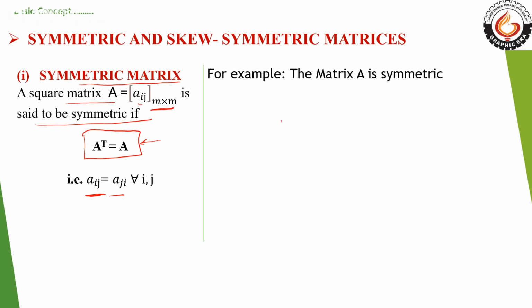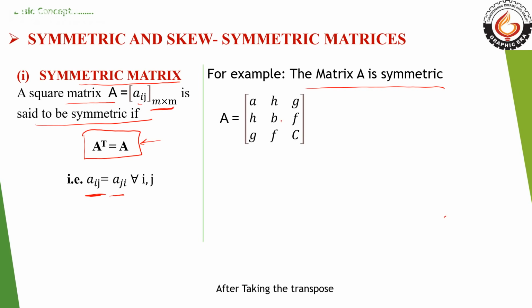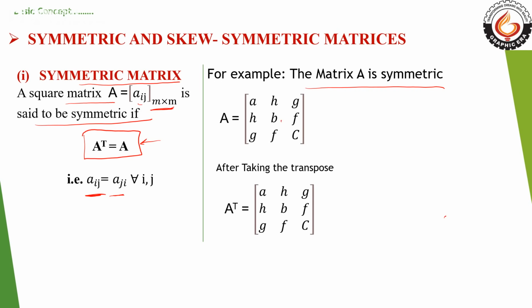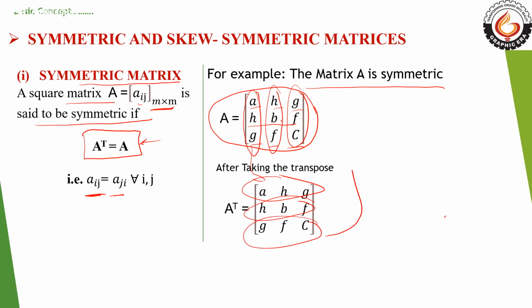For example, the matrix A with rows A H G, H B F, G F C is symmetric, because if we take the transpose of that matrix, meaning interchange the columns into rows, we get the matrix A again. So this is a symmetric matrix.